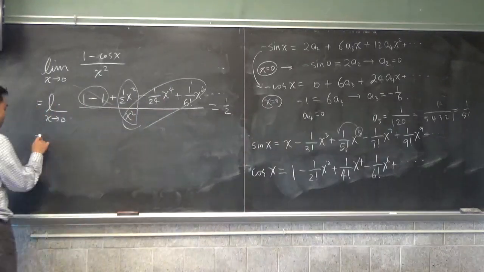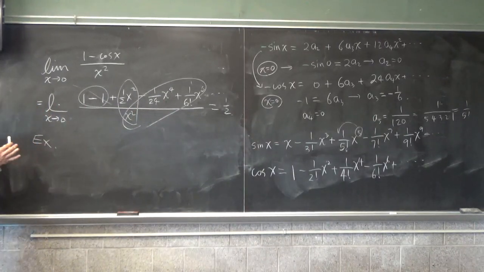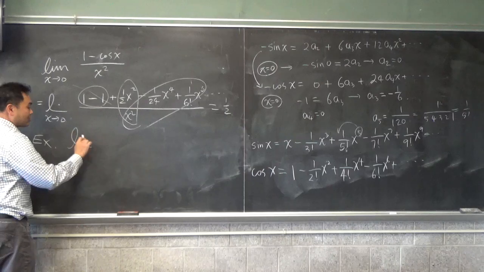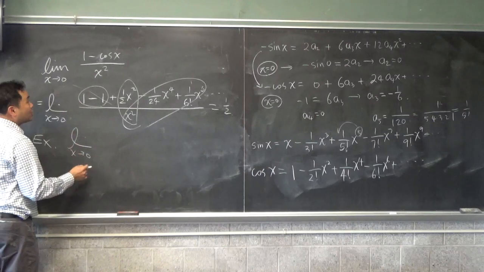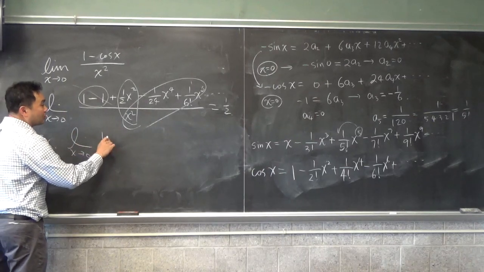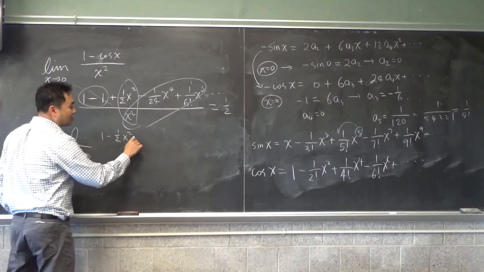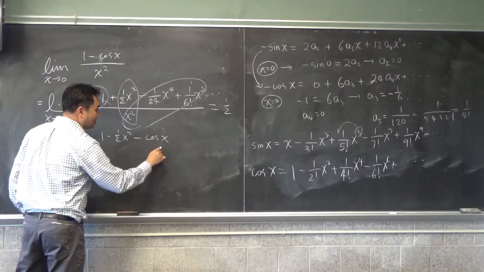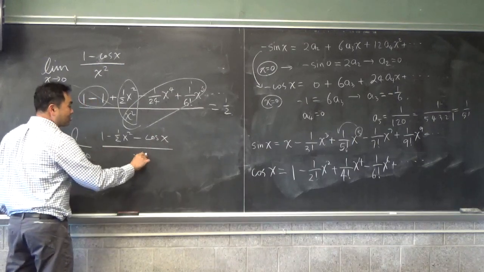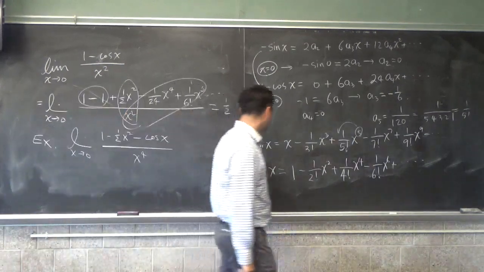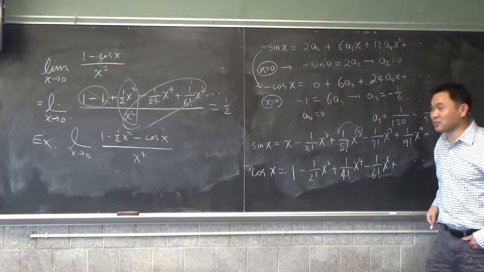So think about this exercise problem, which I'm not going to solve. The limit as x goes to 0 of (1 minus 1 half x squared minus cosine of x) divided by x to the 4th. What do you think the answer would be?